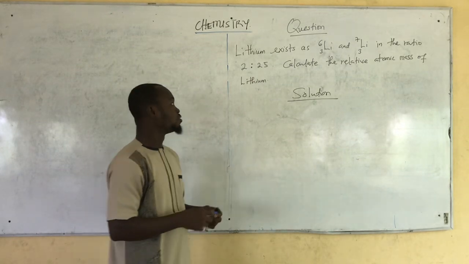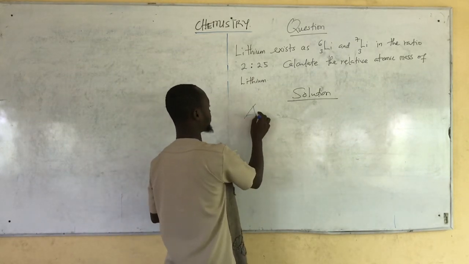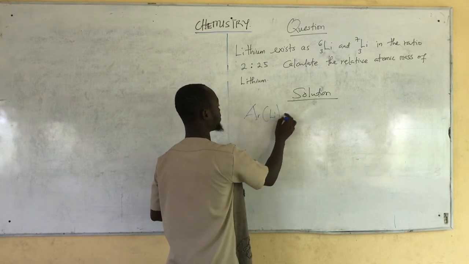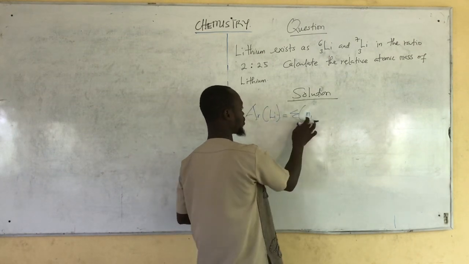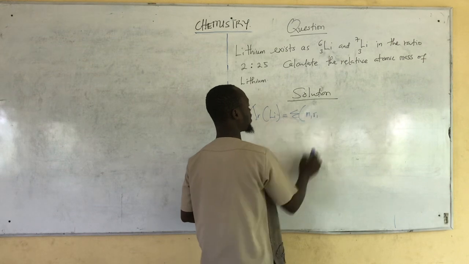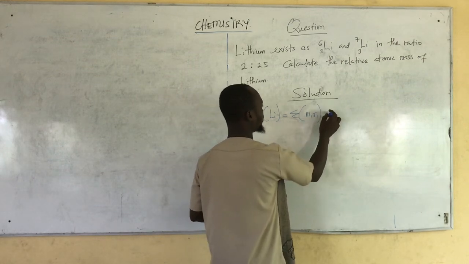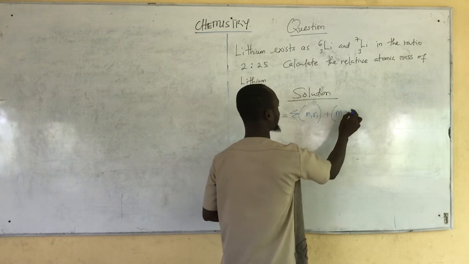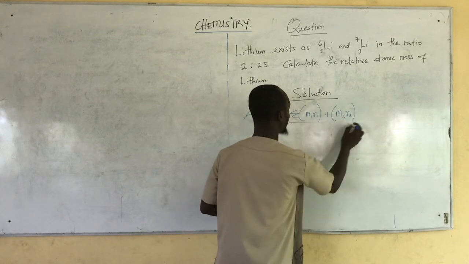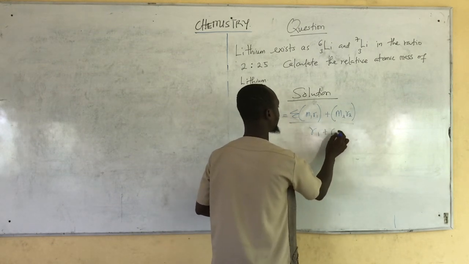Is that okay? So AR of lithium is equal to the summation of the mass of the first isotope of lithium times the first ratio, plus the mass of the second isotope of lithium times the ratio of the second one, divided by the total ratio.